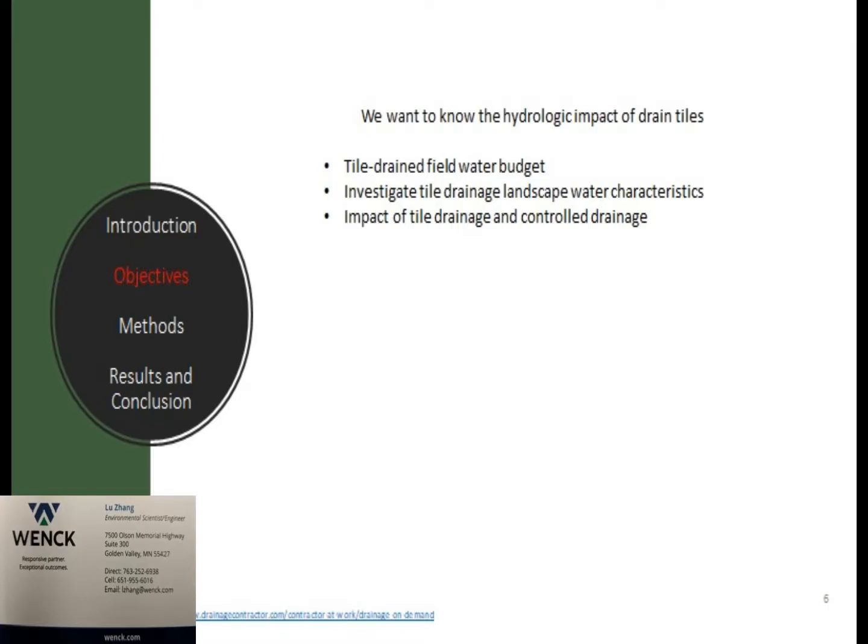In order to achieve that objective, we will have two separate analyses. One is to look at a tile drain field water budget. This is achieved through modeling and looking at field data. The other part of this study is to investigate drained landscape water characteristics, and this is achieved through isotope analysis.